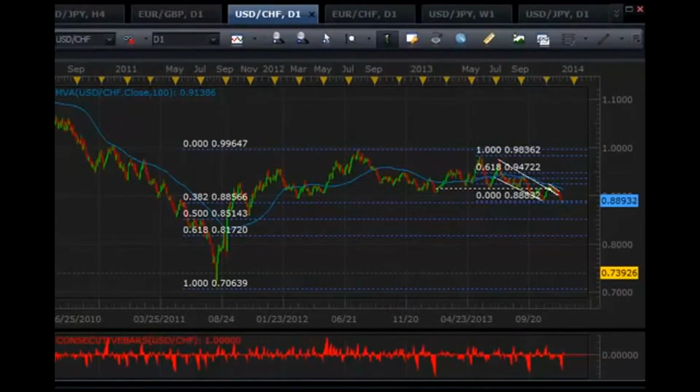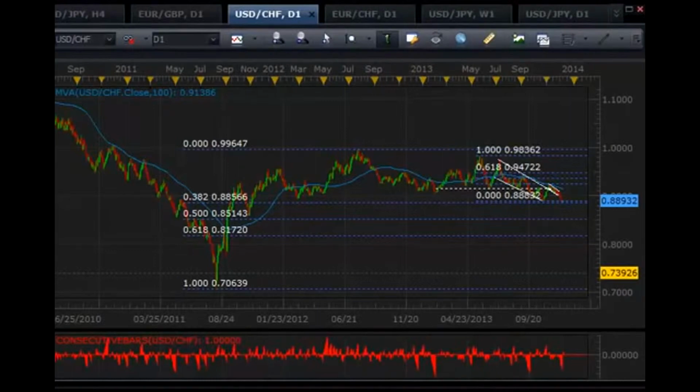When you combine those two pairs, euro dollar and euro Swiss, you're negating the influence of the euro itself. Between the synthetic price that we get and the actual dollar Swiss exchange rate, we should be very close to what we call fair value. Those two should be very, very close in pricing.